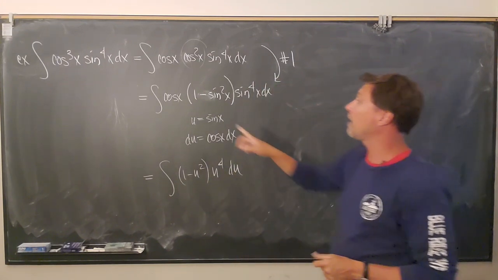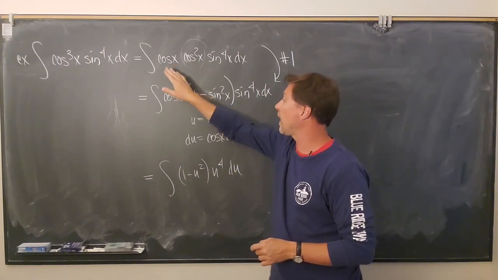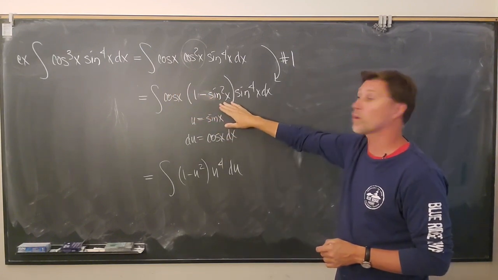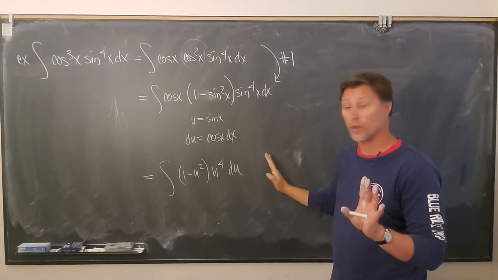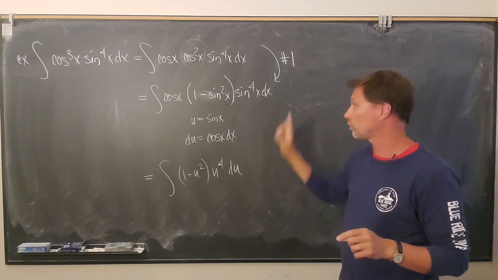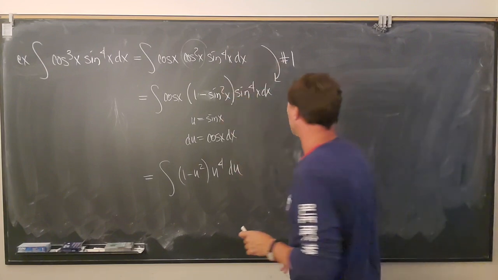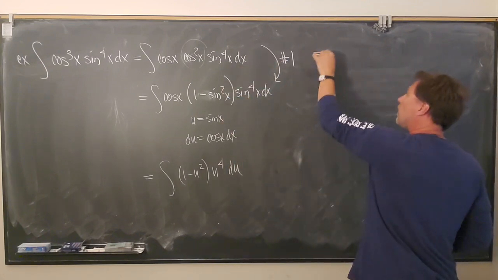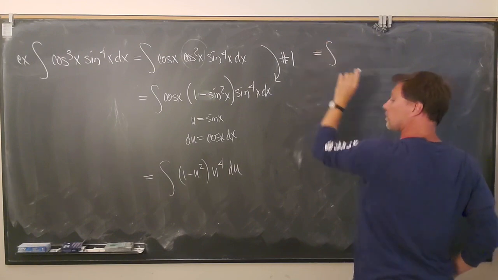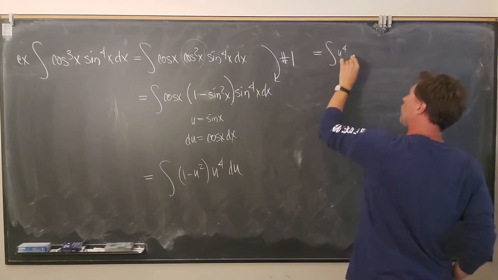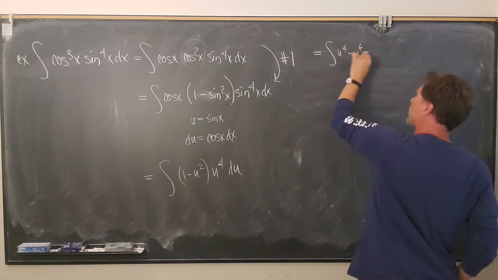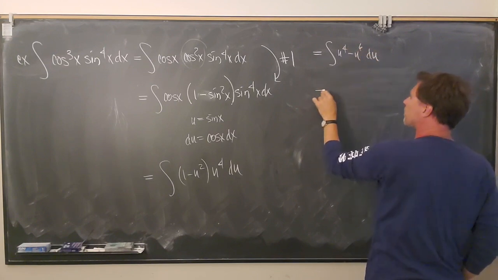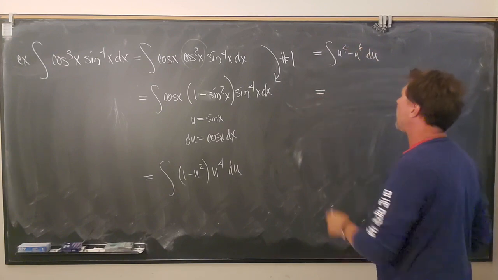So by peeling off a factor of cosine and then applying identity number 1, we're set up to do substitution and convert the original integral into that of a polynomial. So let's finish this off. What we have is u to the 4th minus u to the 6th du. And now we can compute the integral.